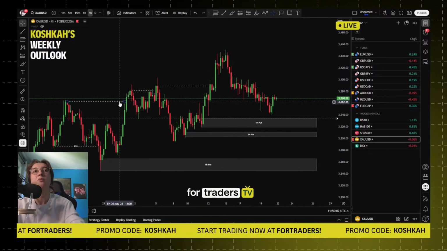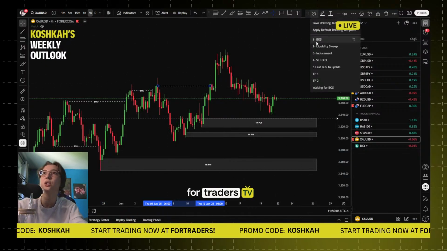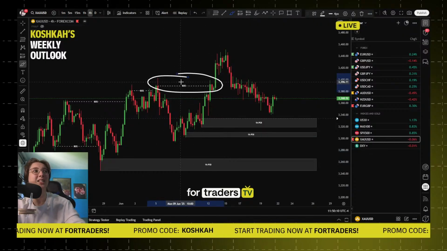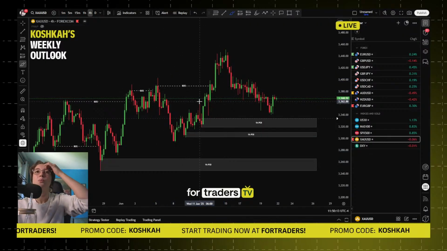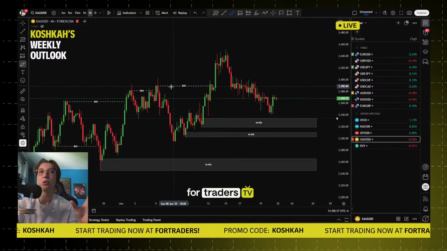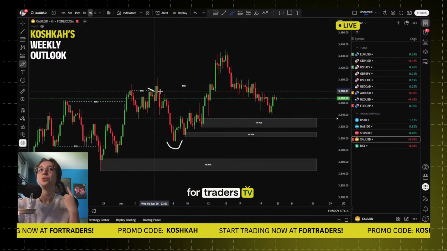So here we have multiple break of structure to the upside. So one break here, and one break here, as you can see. Now, after you identify this break of structure to the upside, you will be able to identify your range. Your range is really simple. It's always the low connected to the high that has been broken. So this is the high.